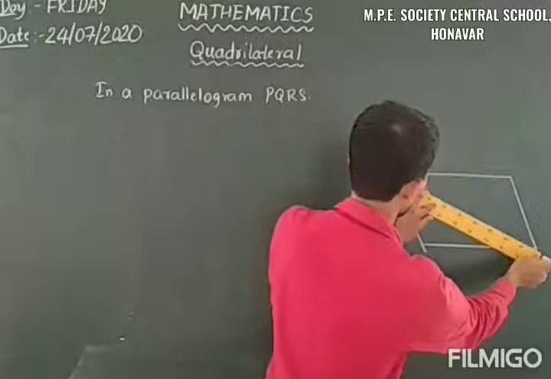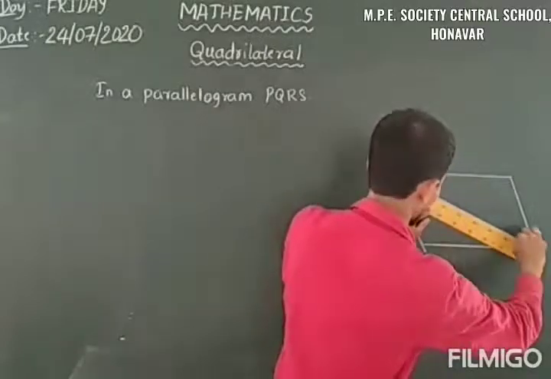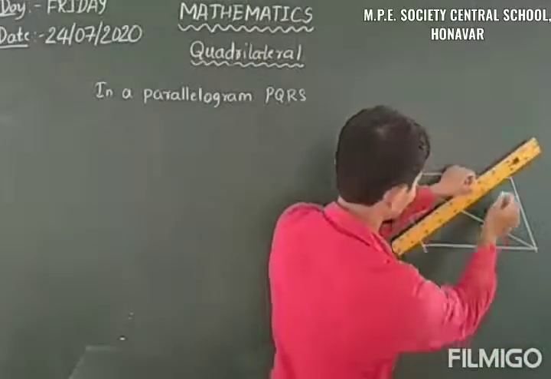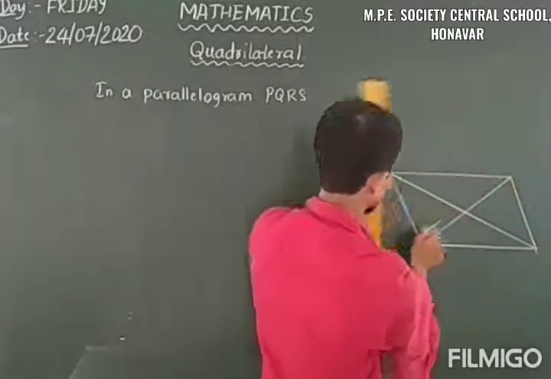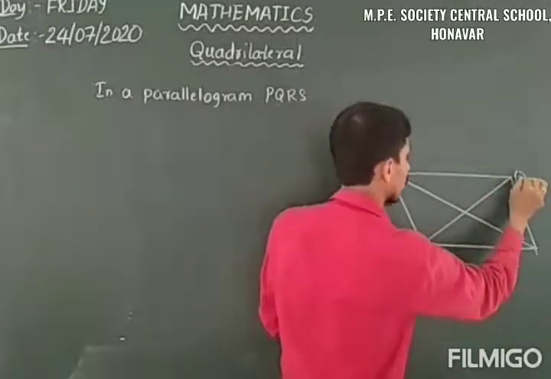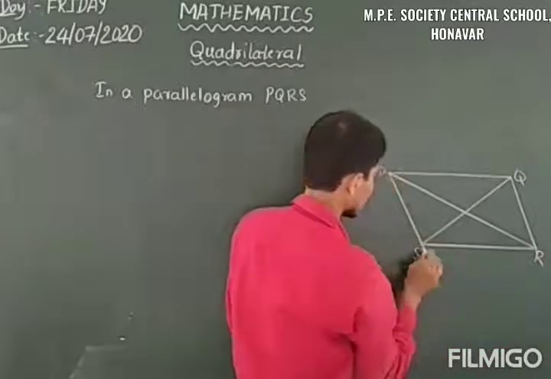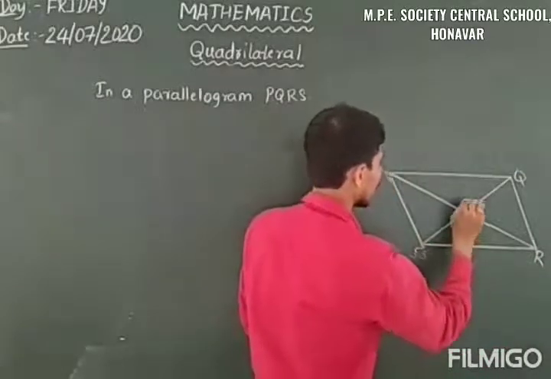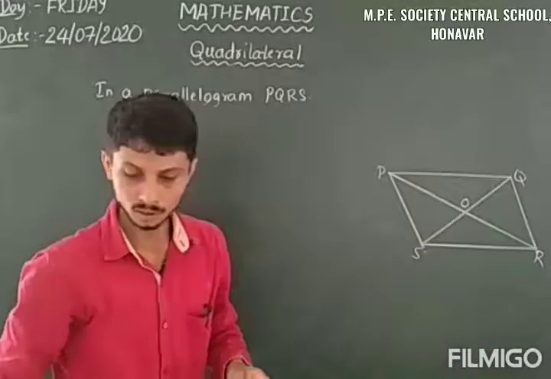Then we have to draw the diagonals here. So P, Q, R, S. Then I will take the point of intersection as O.